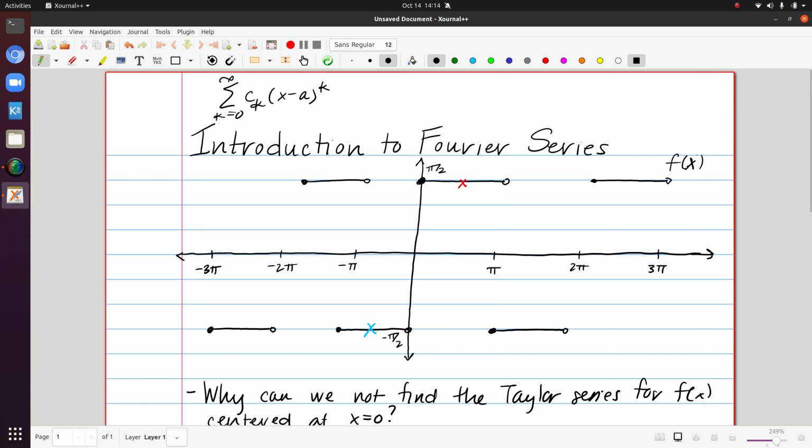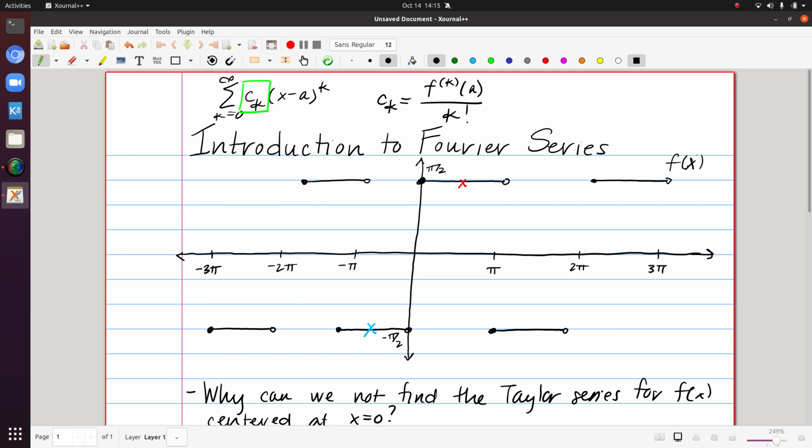And once we talked about a Taylor series, we said that we could in particular define that coefficient as the kth derivative of our function f evaluated at a over k factorial.